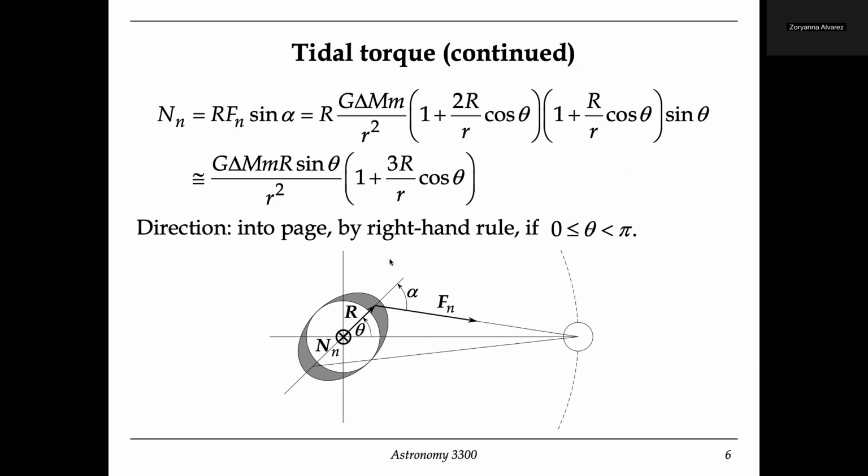We already said we hate those. They're not my friend, don't ever want to see them. So this is gone. So this is approximately equal to, you'll notice the sign now, 1 plus 3R over little r. The sign. Okay.